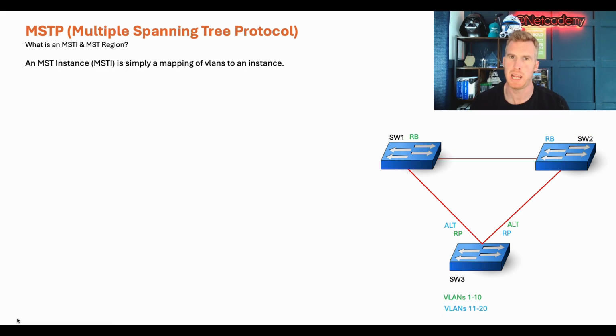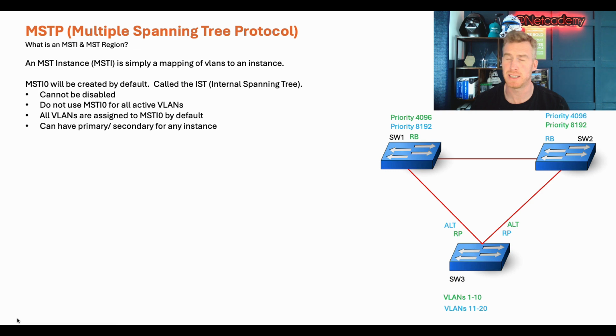So as I said, an MSTI, or multiple spanning tree instance, is really just an alignment, a configuration. It's a mapping of specific VLANs to a specific instance. And there is this default MSTI, this default multiple spanning tree instance, and that is called the IST, or the internal spanning tree.